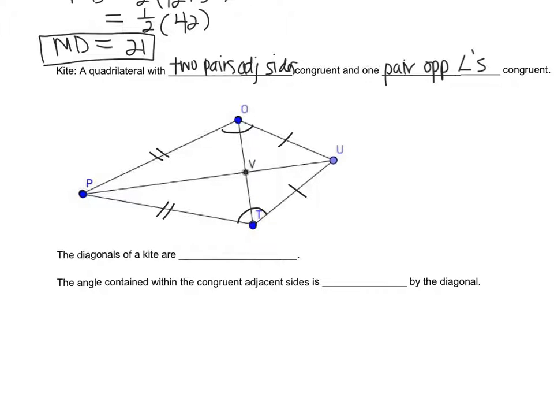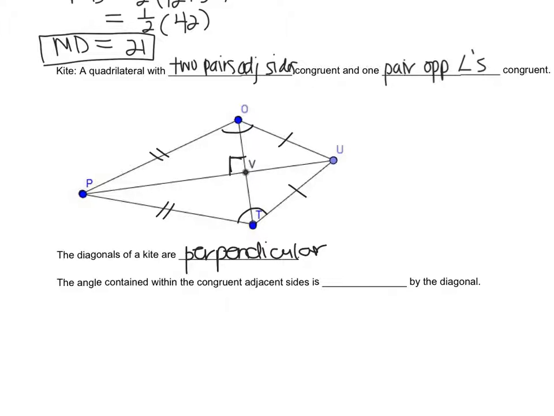Next we have stuff about the diagonals of a kite. So the diagonals of a kite are perpendicular, which means when they intersect, they form right angles. So go ahead and label that in my picture.